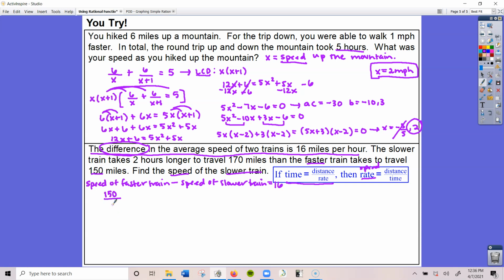That's the thing. So if I want to, let's say, find out what is the speed here of my train, you can either make x equal to the time that it takes for the faster train to travel, or x to be the time that it takes for the slower train to travel. Since in the very end I'm going to try to find the speed of the slower train, let's make x equal to the time of the slower train.